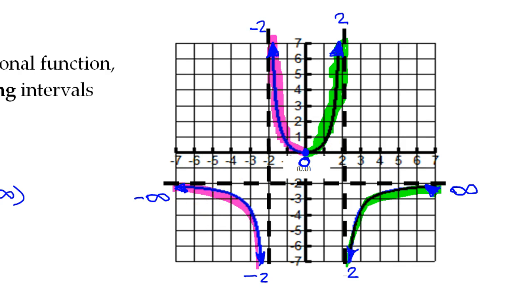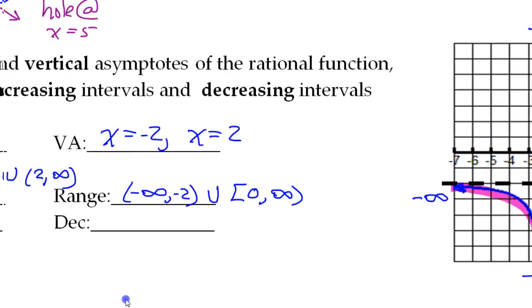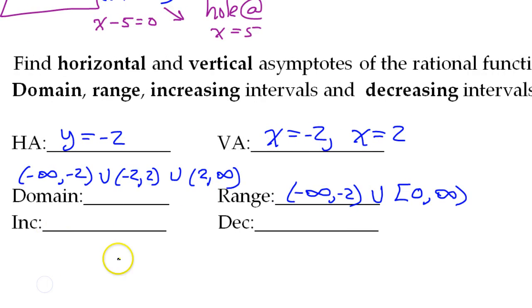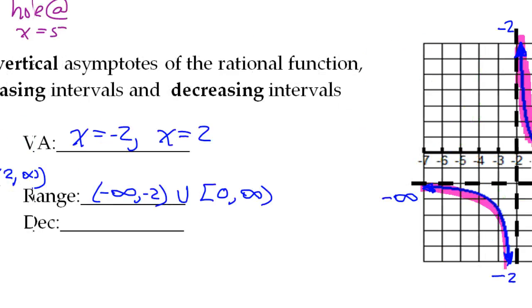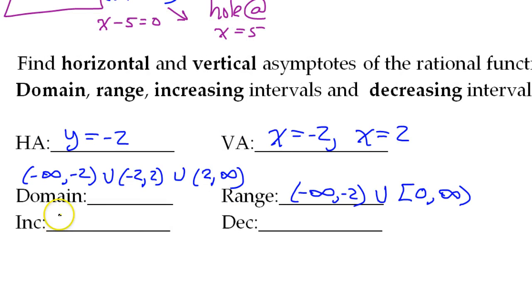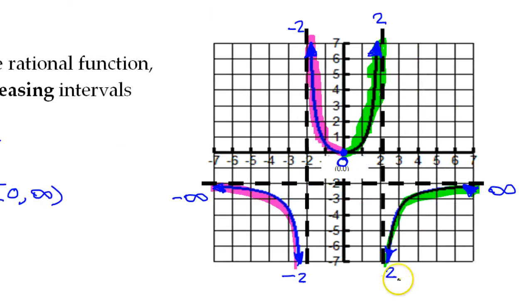Okay, so I guess we'll do the increasing intervals first. So the increasing intervals are the green ones. So we have one from 0 to 2 x values. So 0 to 2 union, and we have another increasing from 2 to infinity.